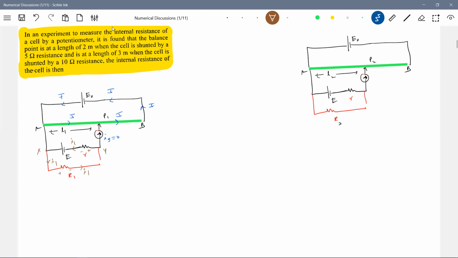Similarly here, the same current I will flow. If you know the concept, you can directly go for it. Since I wanted to revise a little bit, here there will be a flow of current.